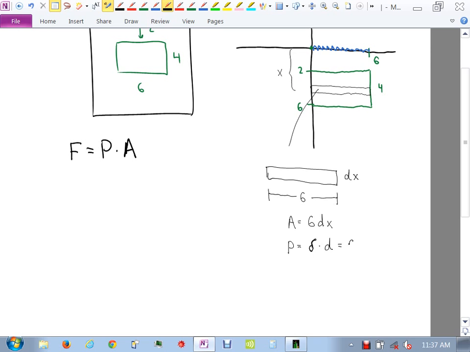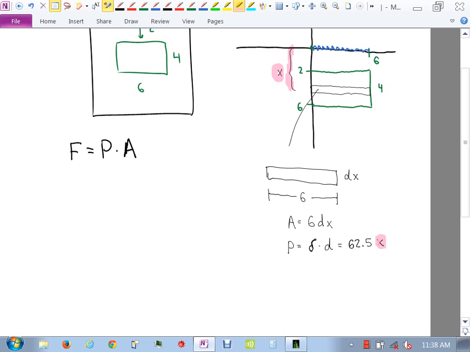For water, it's what? 62.5? Now you don't need units right now. Just put the number. And then D is what? The depth. What's the depth of this strip? X. Right? That's because at that strip right there, our depth is X. And that X changes, doesn't it?